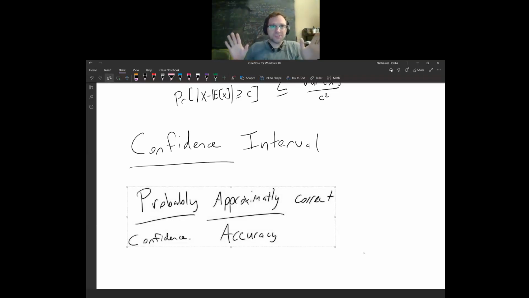This is not a machine learning course, but this, for me, made things click. Approximately correct means that I'm trying to predict something, but I can't predict it exactly. Maybe I predict it with like 90% accuracy.